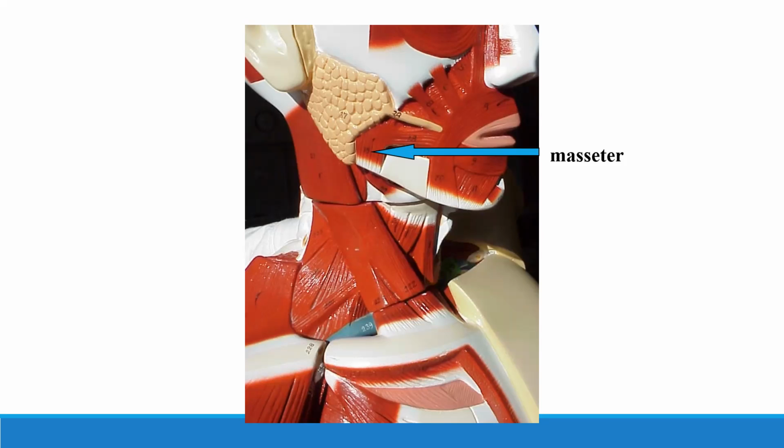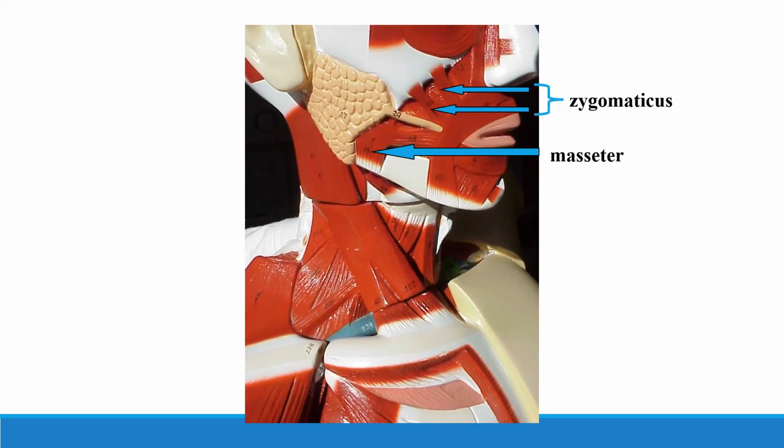And we crush and grind and rip and tear food between our teeth. The upper teeth don't move. The bottom teeth move when the mandible moves. And it's the masseter, one of the chewing muscles, that actually pulls the mandible up. There's another one we'll see here in a second that we use extensively.